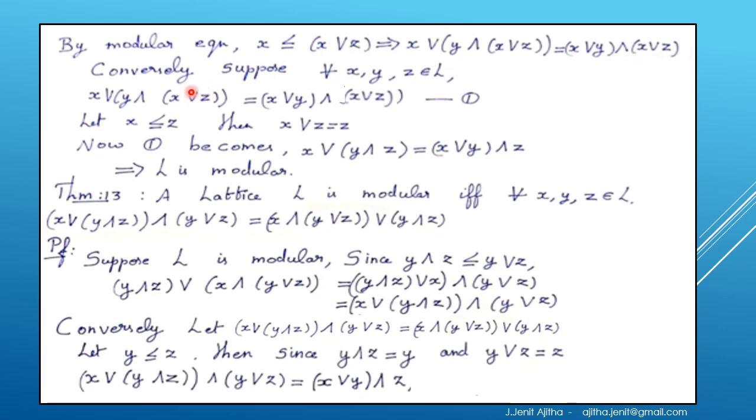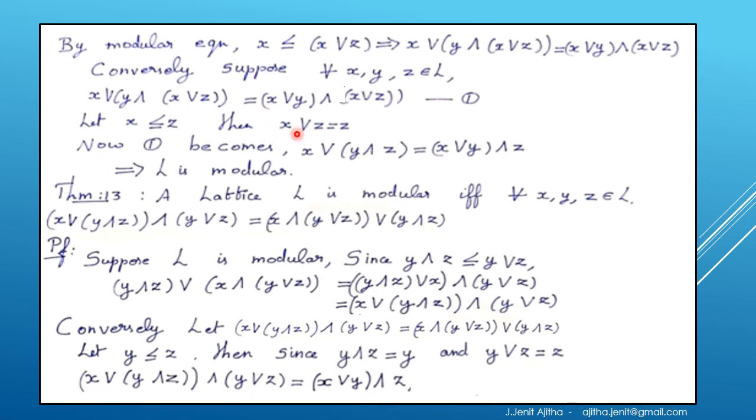Now the converse part. Suppose you assume that this equation holds for all x, y, z belongs to L. Then to prove the modular equation, first assume that x is less than or equal to z. Therefore, what about the upper bound for x and z?